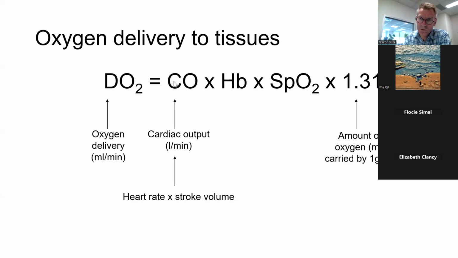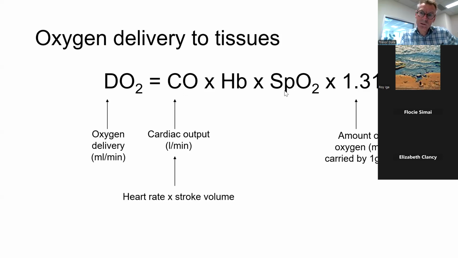So one way to improve oxygen delivery is to improve the cardiac output, and that's what inotropes can do. Not always, but they can. The other way is to improve the hemoglobin because that increases the oxygen carrying capacity of the red blood cells, and generally speaking, that improves oxygen delivery to tissues.